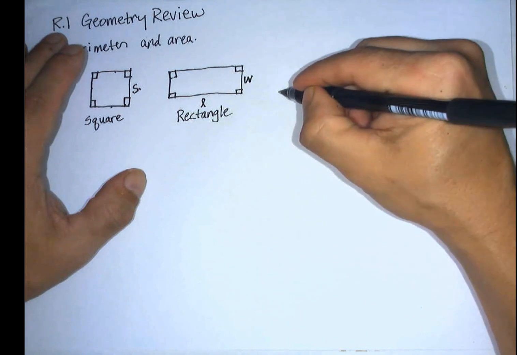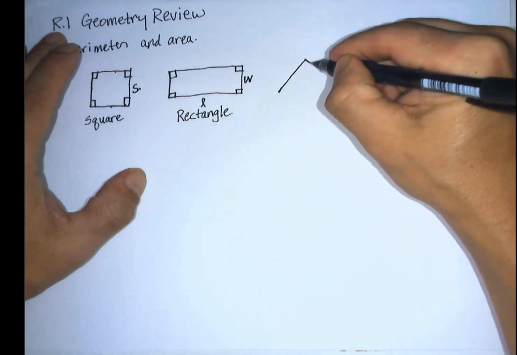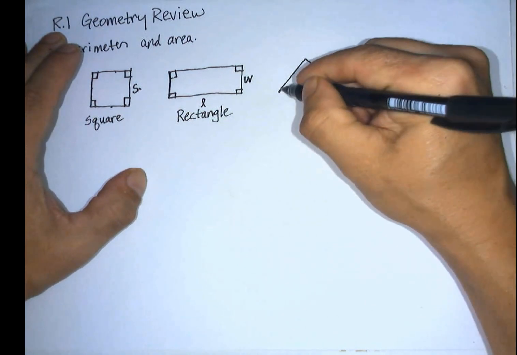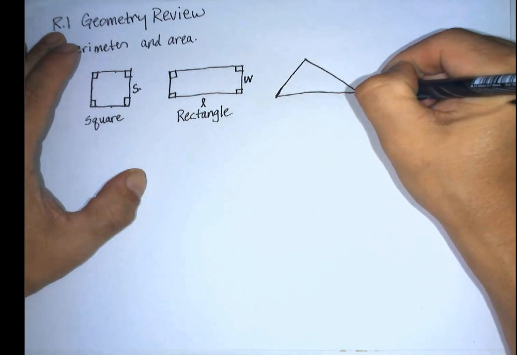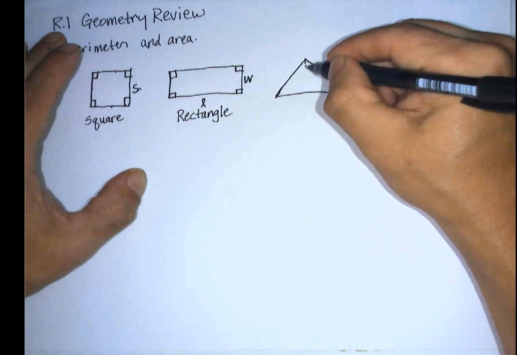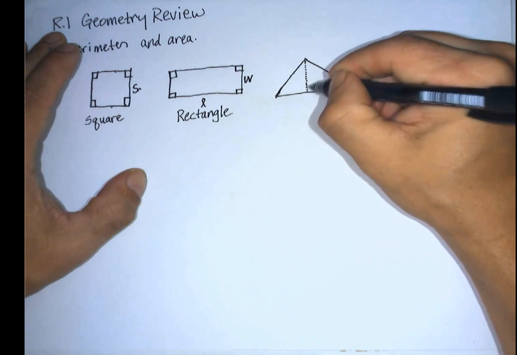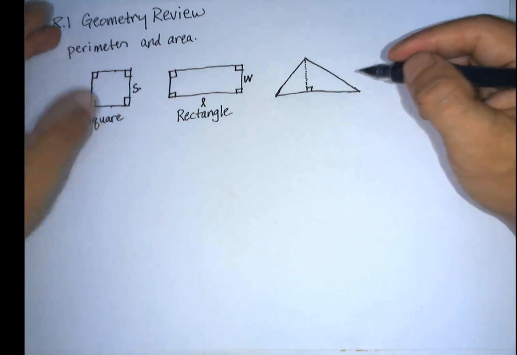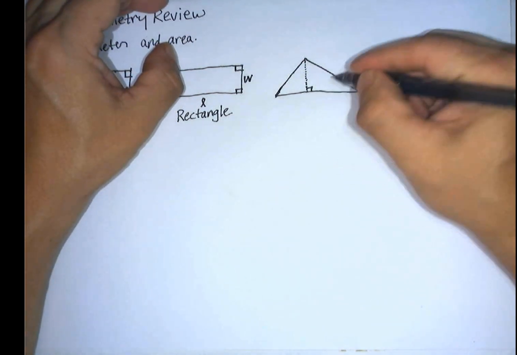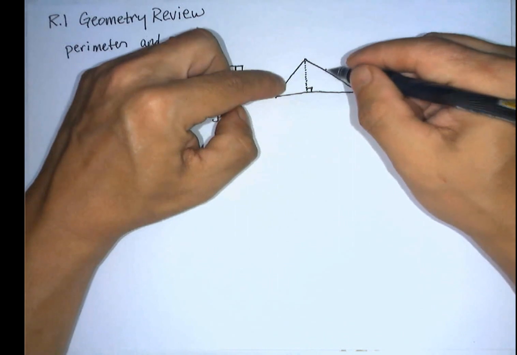The next one, a lot of people get tricky sometimes, and that's the triangle. The triangle is one of the first confusing shapes here. The main two things we're going to be looking at in a triangle, other than these two sides, which are going to be, all three sides are different here.